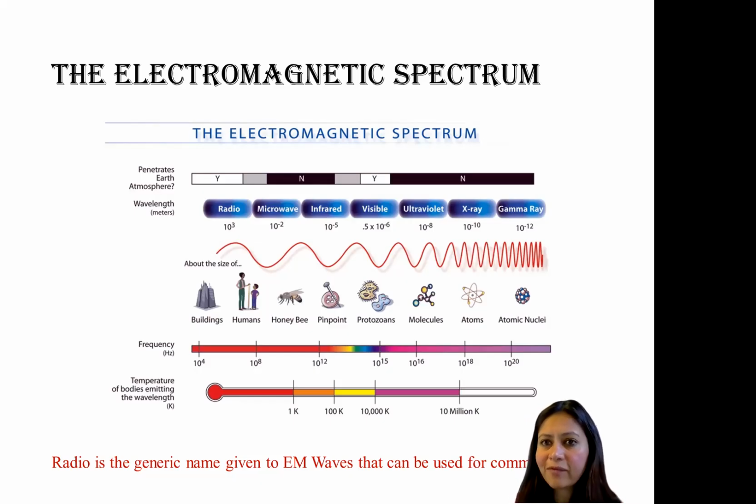So any wave that we can use for communication is called a radio wave in the common lingo. So radio waves roughly have wavelength 10 to the power 3. So those waves look something like this. They are much more spread out.